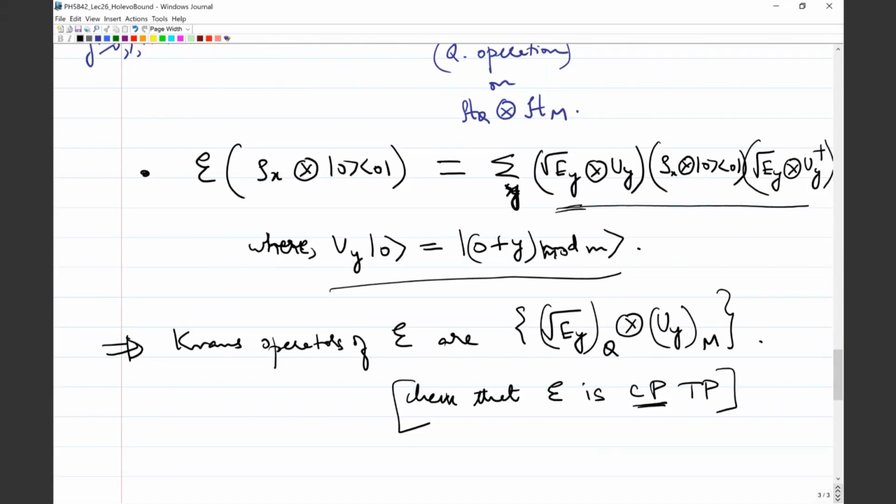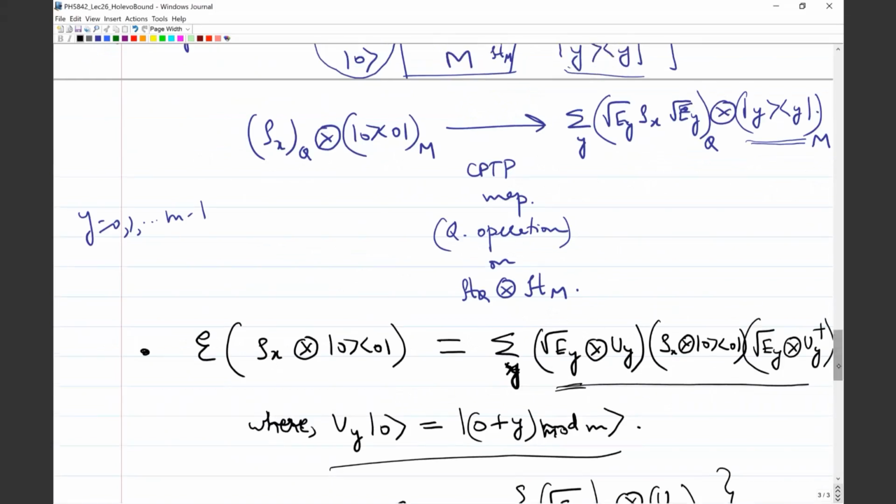And it also helps you see how you can have CPTP maps on coupled systems like Q and M. And initially Q and M were unentangled, but after the action of the CPTP map, they have become entangled via whatever this measurement transformation was, right? Okay, so this is how we are modeling this process of decoding by the receiver via this additional measurement system. And yeah, this is just one way to think about how the transformation can happen.